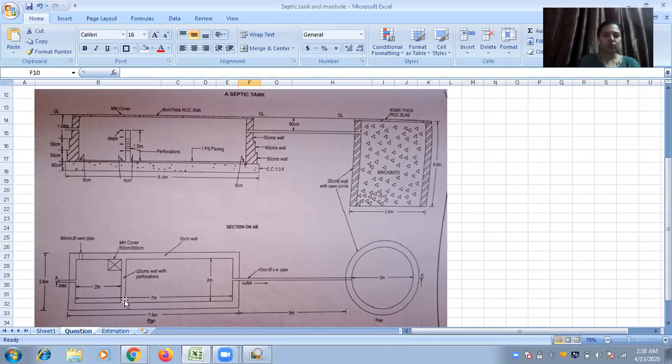But the thing is, you have to observe here. On the septic tank roof slab, there is a manhole cover of dimension 60 centimeter by 50 centimeter. It is a rectangular cover that you have to deduct in this.